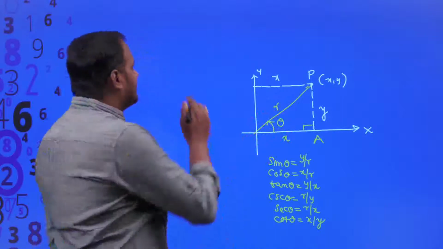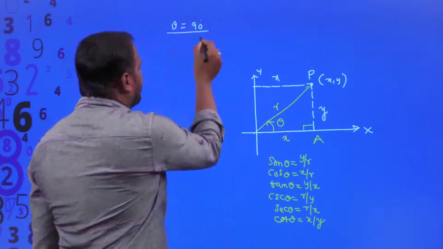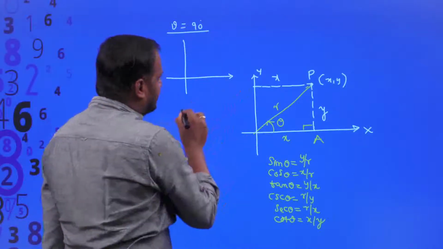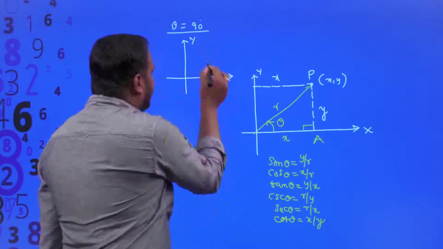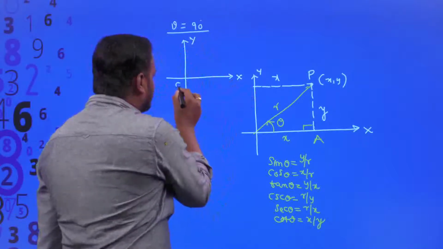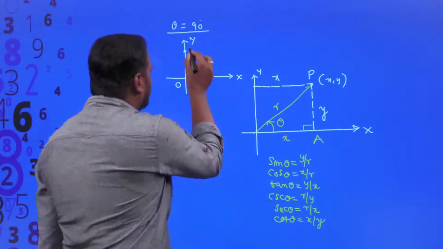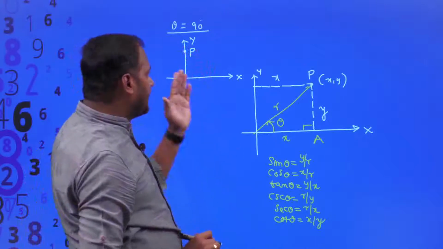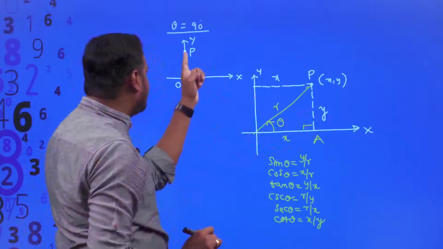Got my point? So for theta equal to 90 degrees, this is the vertical axis and this is the horizontal axis. This is y and this is x, this is O, and your P is lying over here on the y axis. If P is lying on the y axis, then the R value will be on OP.